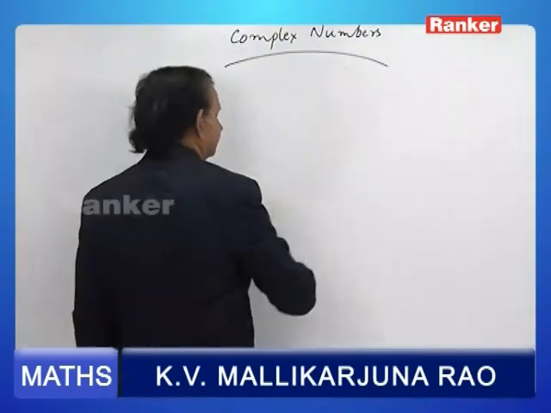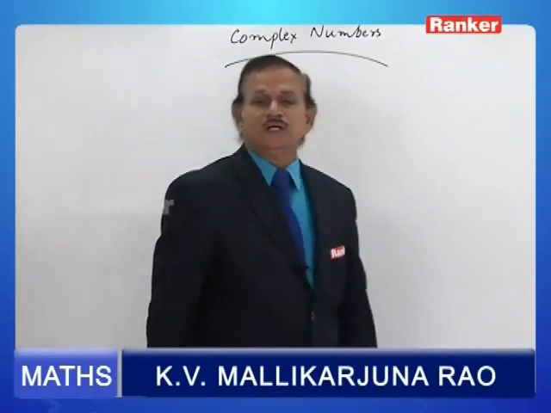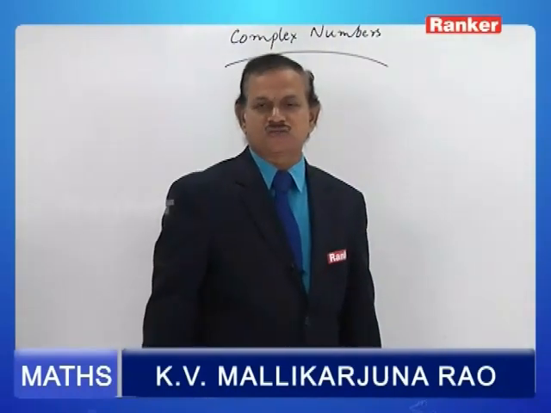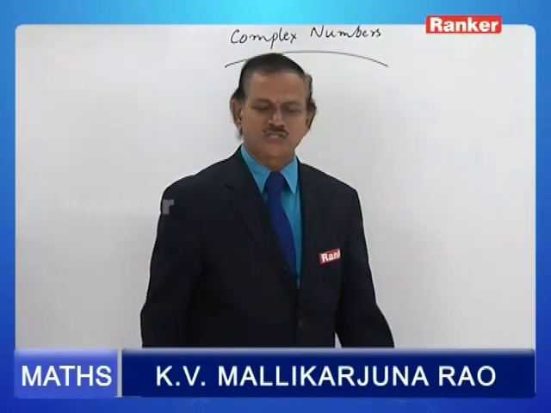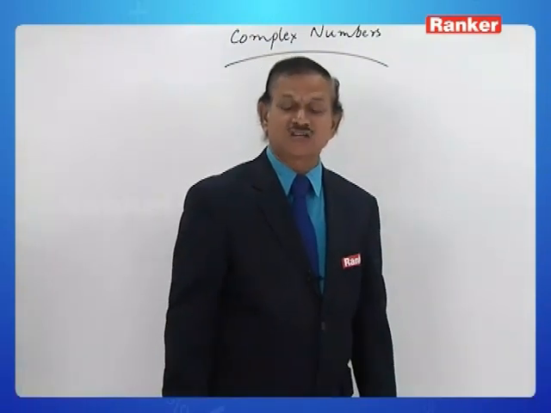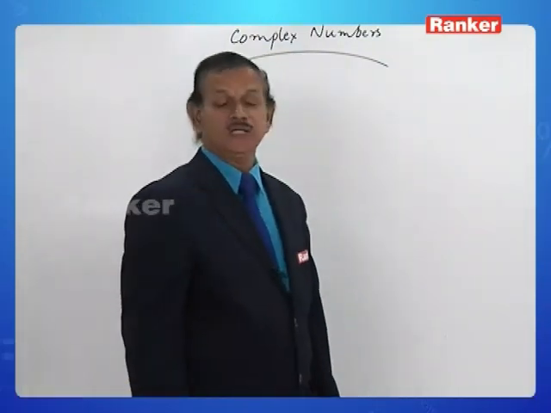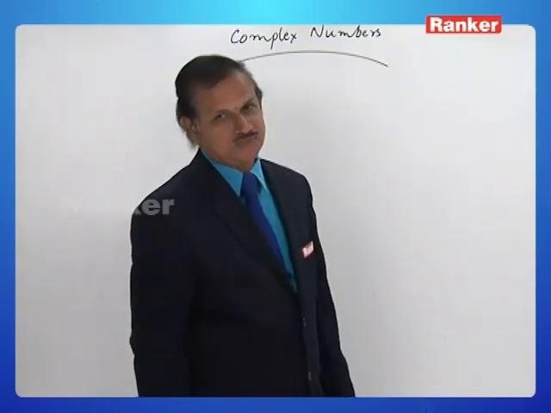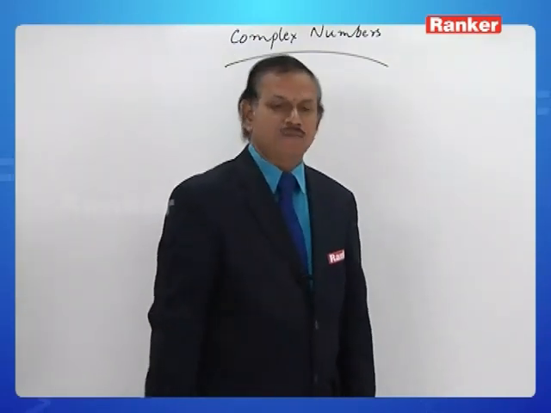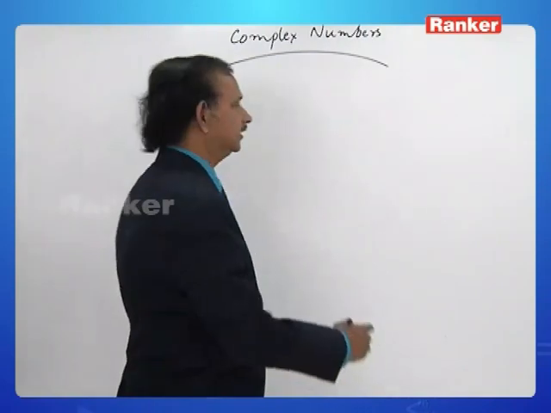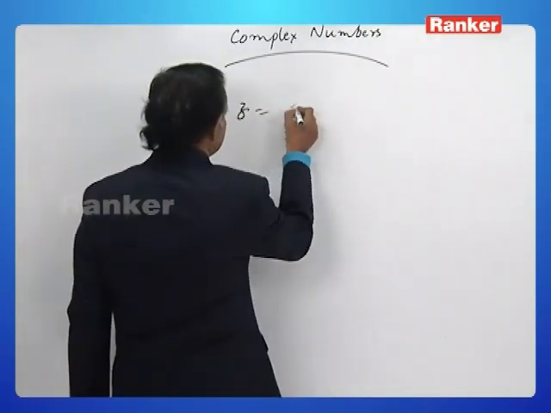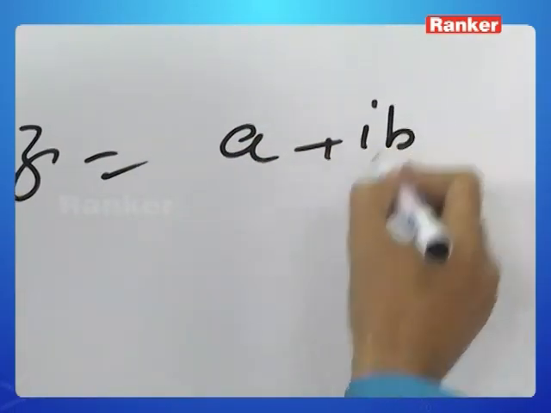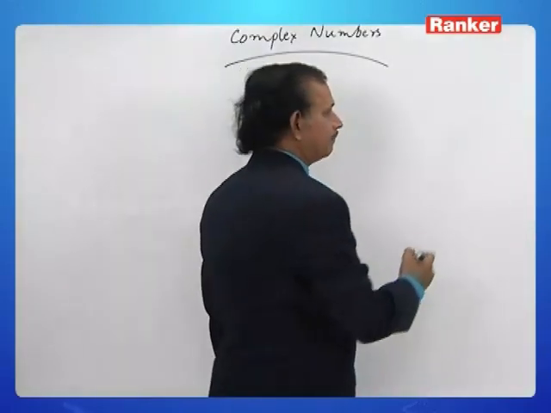Next one. Now, it is the time for us to know about the next heading, that is the conjugate of a complex number. What is its purpose? How has it been brought into the fray? Let us see. Let z is equal to a plus ib.